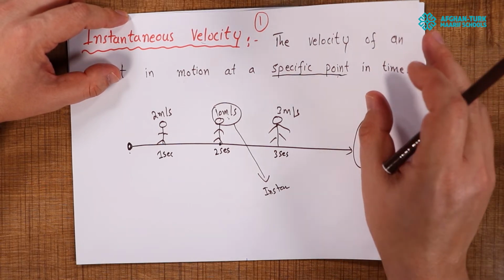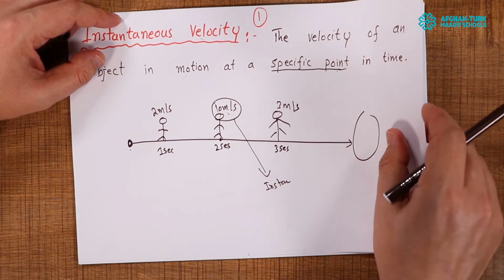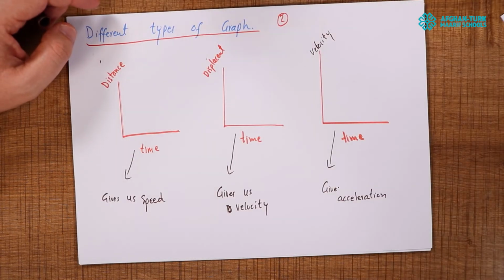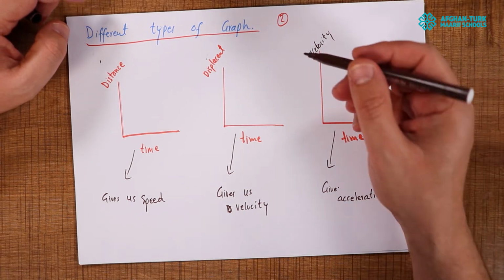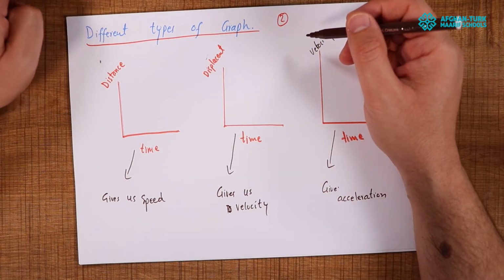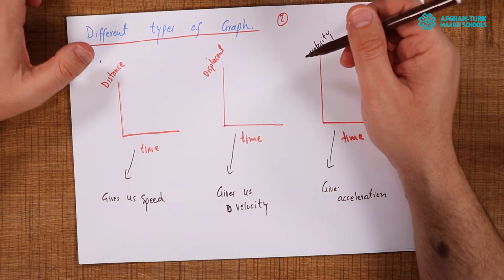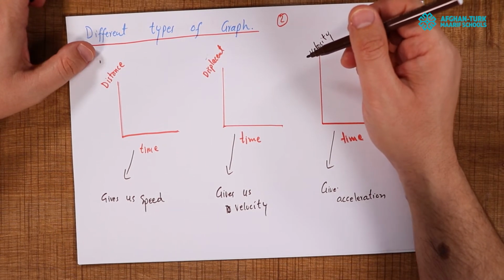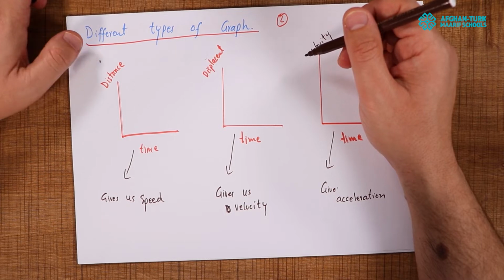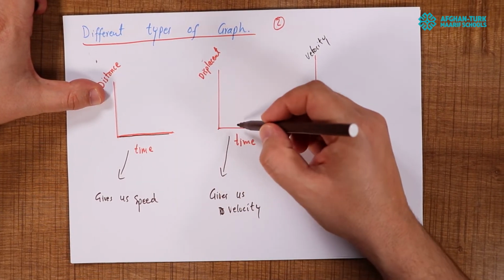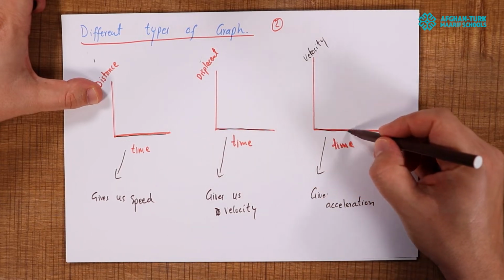Okay, and next page we are going to study the different types of graph, which are much more useful and used in the motion chapter. One thing to remember, for the motion chapter or for the motion graph, on the horizontal side usually we select the time.